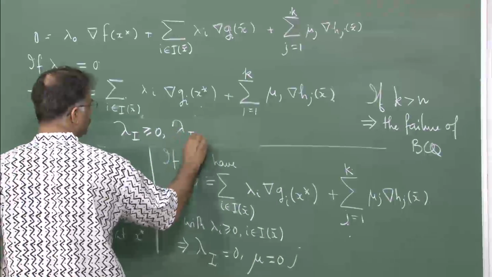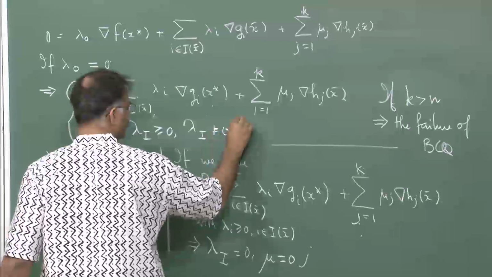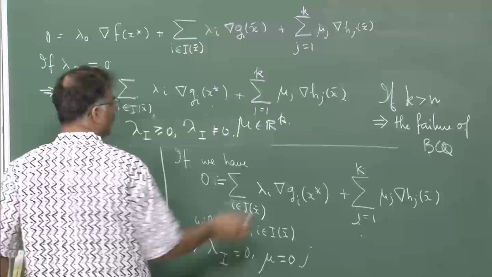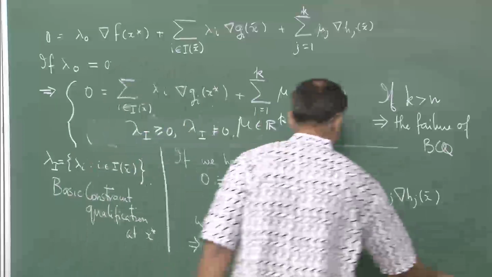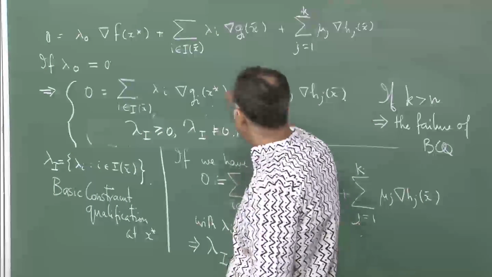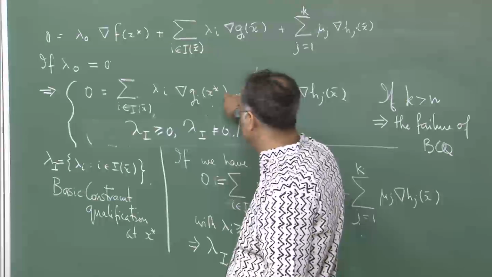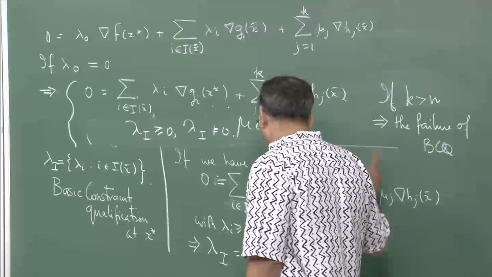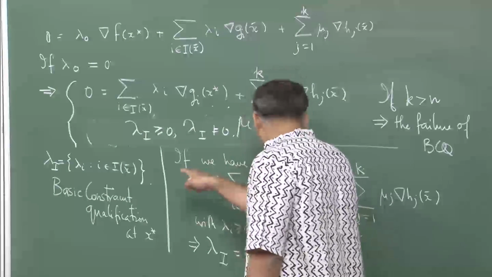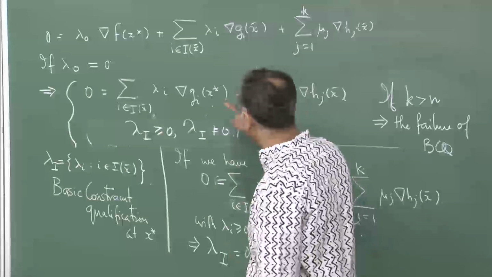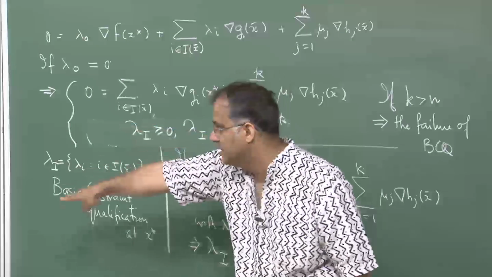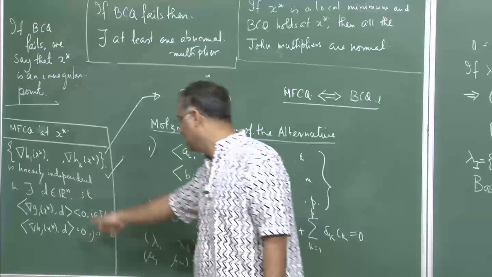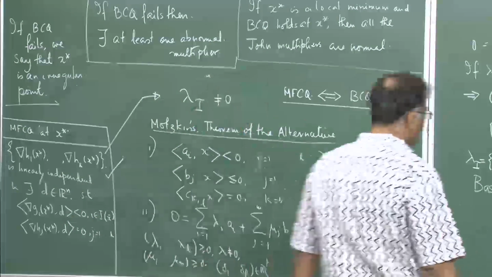So if BCQ holds, then this system fails, component-wise greater than 0. If this holds, then this system is obviously failing, which means that again if this system holds and whenever I have this equal to 0, then this system is failing, which would imply that this system has a solution and this system has a solution.